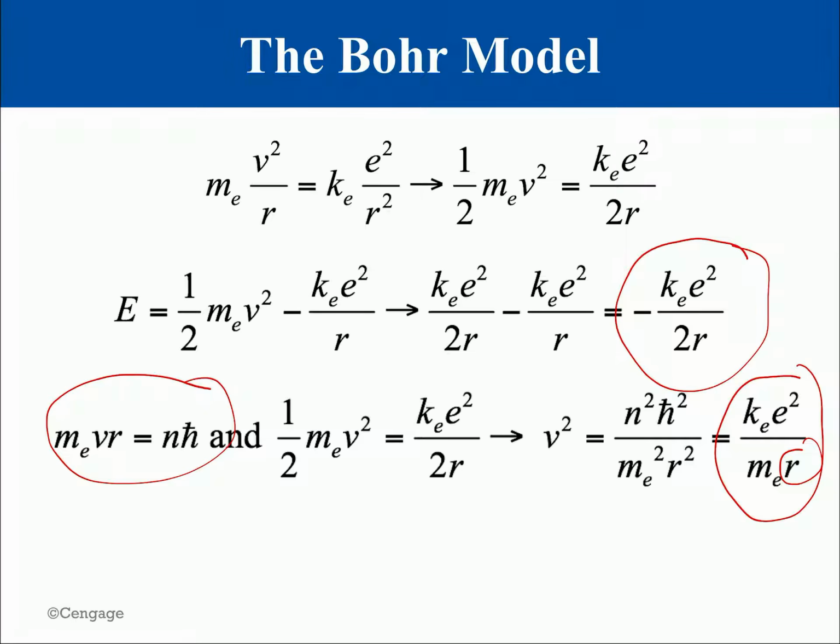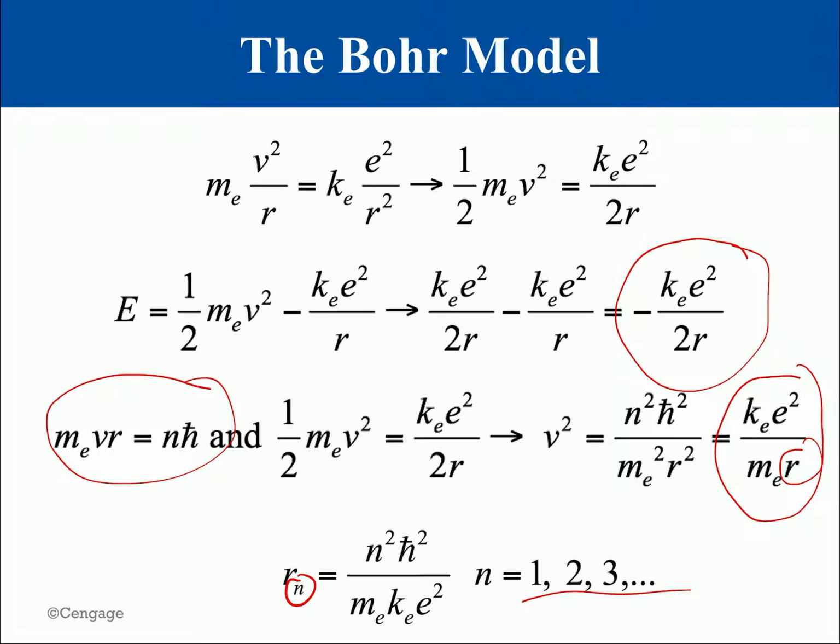And again, we'll get some numerical practice with this next week. And we can also solve for the radius itself. And so this is the nth radius, so we could put an n of 1 for the ground state and n of 2 and so on. And so these are the radii of a bound electron for a hydrogen atom, okay? And n can be any integer. As n grows, the radius grows as well, okay?